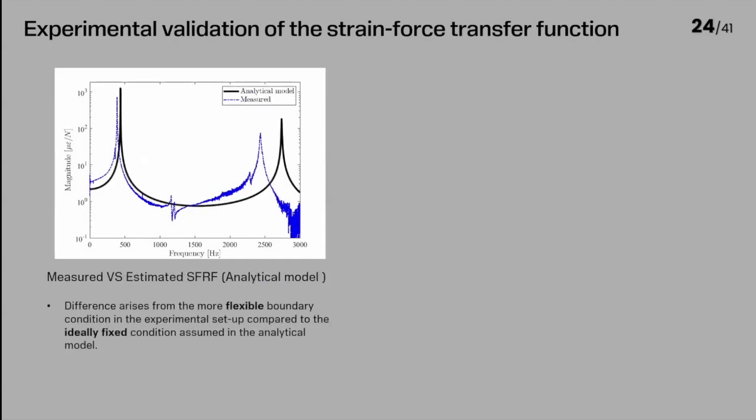If compared with the result from our analytical model, a discrepancy has been captured, and the difference arises from a more flexible boundary condition in the experimental setup compared to the ideally fixed condition assumed in the analytical model.